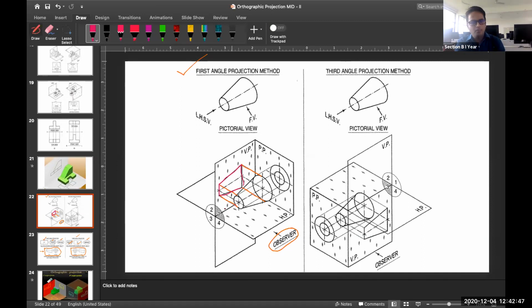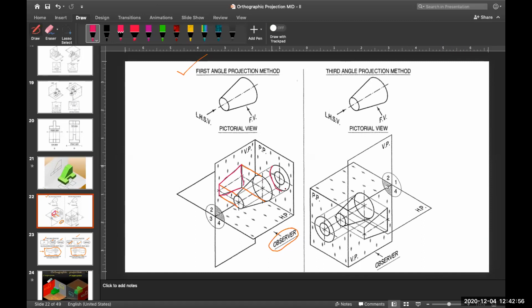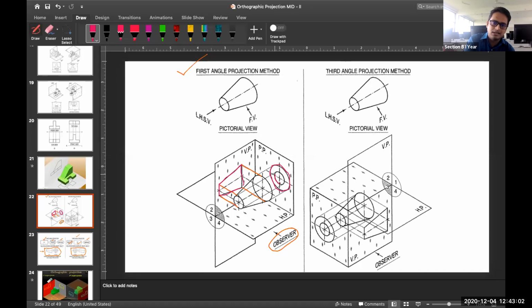If you will see it from side view, the projection will form on the profile plane and you will get two concentric circles. The meaning of concentric circle is the center of both the circles will remain the same. So this is your center. If you will open this plane, you will get a shape like this.